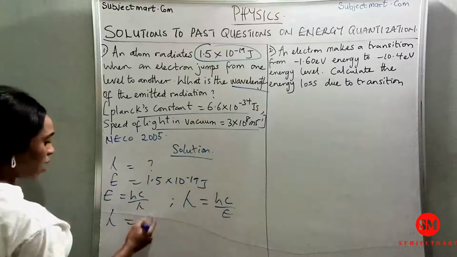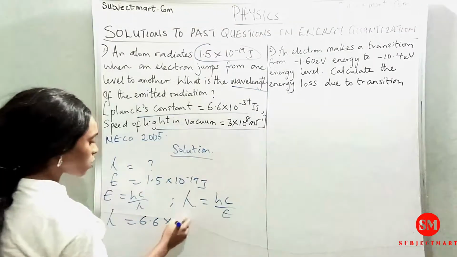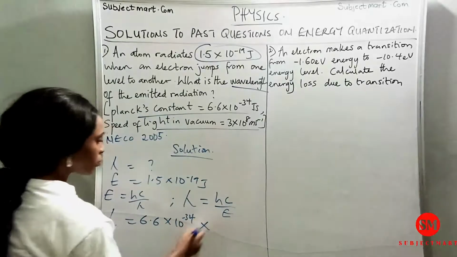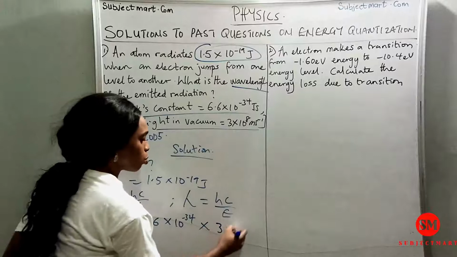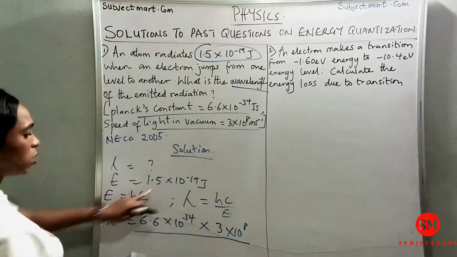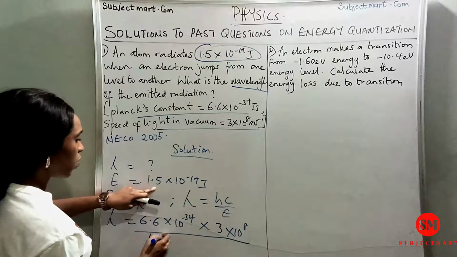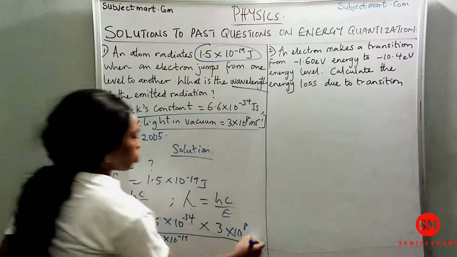Our H is the Planck's constant, which is 6.6 times 10 raised to the power minus 34. Then the C is the speed of light. That's 3 times 10 raised to the power 8, all over the E, the energy, that's 1.5 times 10 raised to the power minus 19 joules.